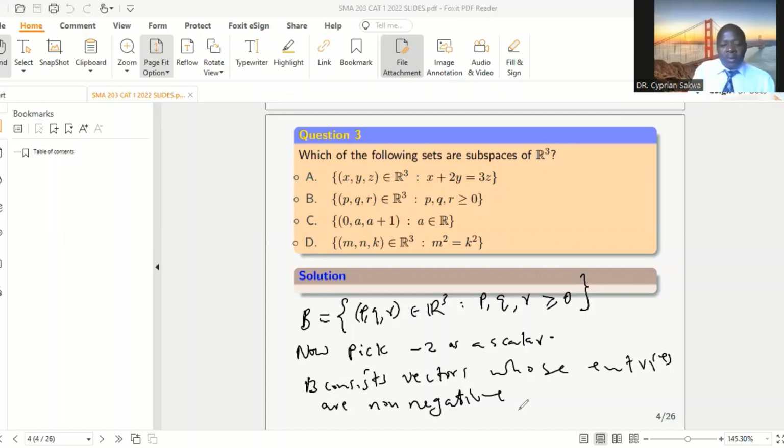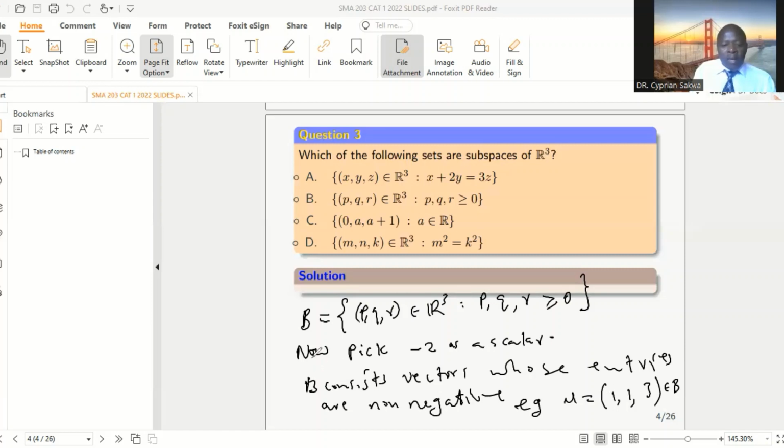So for example, we could have a vector U which is 1, 1, 3, and this one will be in B, because all the entries here are non-negative.